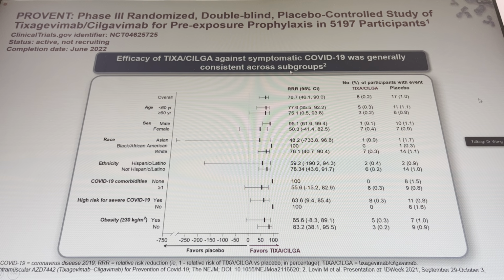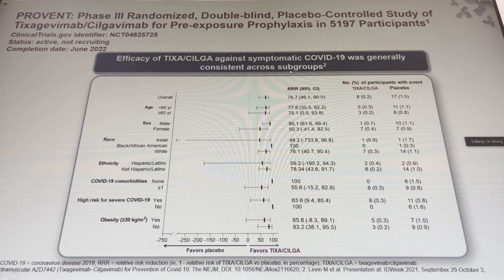So when you look at the efficacy against symptomatic COVID-19 infections, when you look at the different subgroups, either by age, above 60, below 60, male and female, and between races, I think you find that most of the plot actually favors Evusheld as opposed to placebo for this pre-exposure trial.